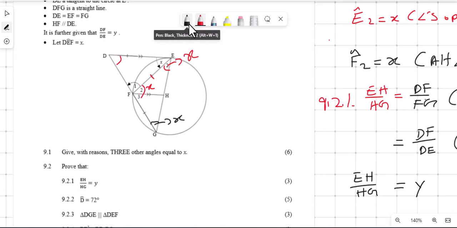Angle D is equal to angle F2 plus F3 minus angle E1. Okay, that's the exterior angle of a triangle.